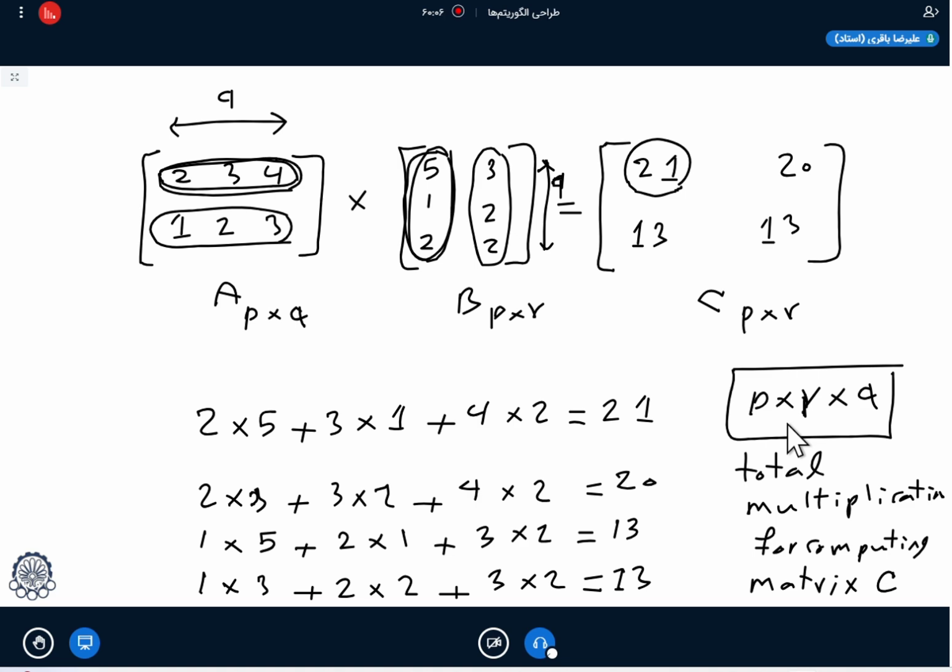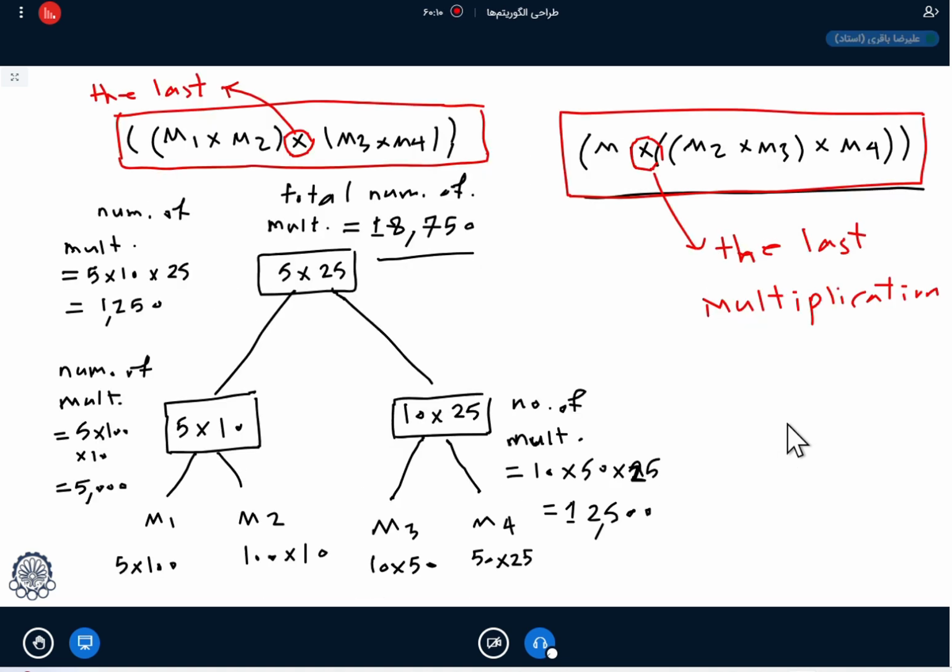Then in our example, we consider two different multiplications: the multiplication on the left side and the multiplication on the right side. On the left side, M1 is multiplied by M2, then M3 is multiplied by M4, and at last, the result of the left side is multiplied by the result of the right side. M1 has 5 rows and 100 columns.